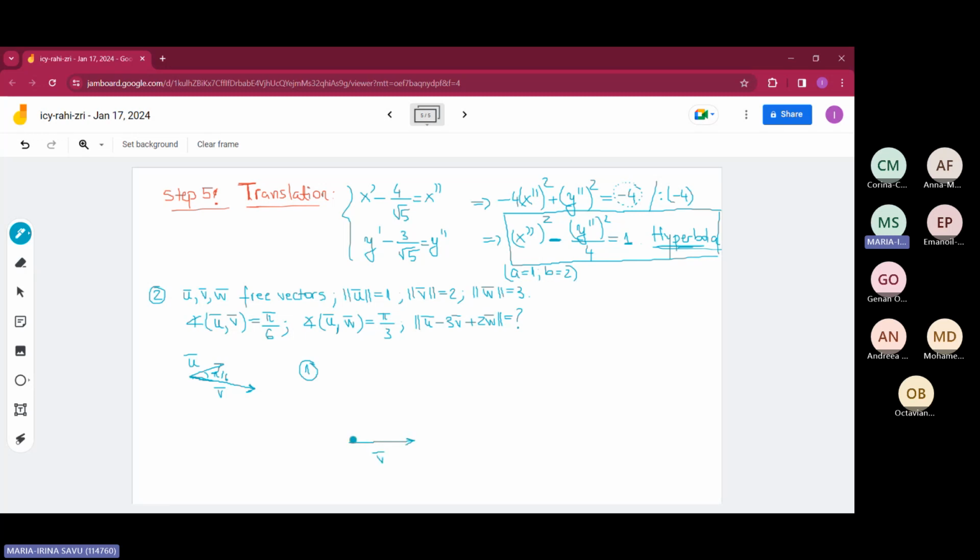So this is v. u is half of the length of v, so this is u. Up top, we have a 30 degrees angle, and this is w, because this angle has 60 degrees and this one has 30 degrees.